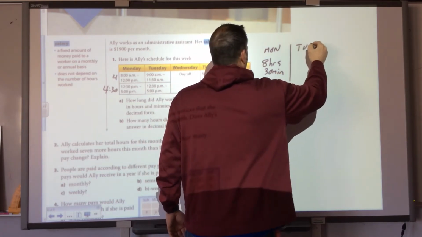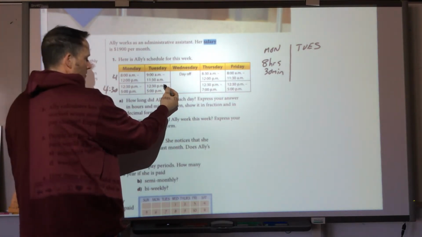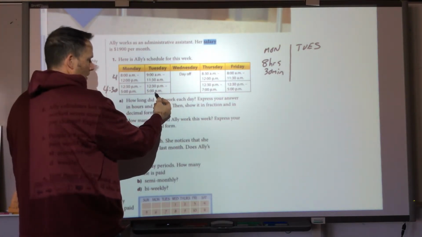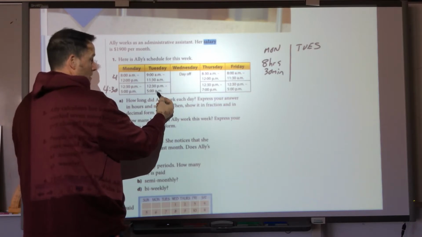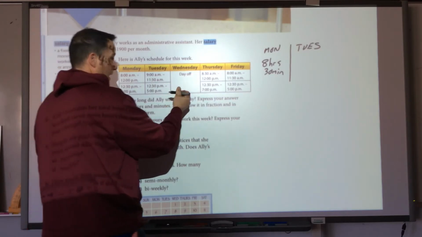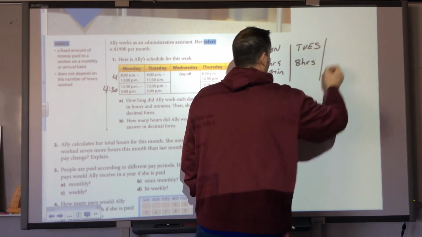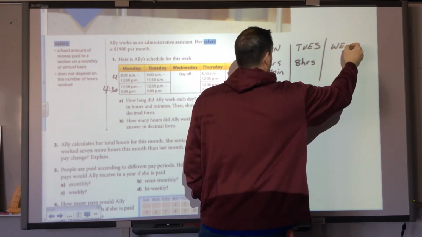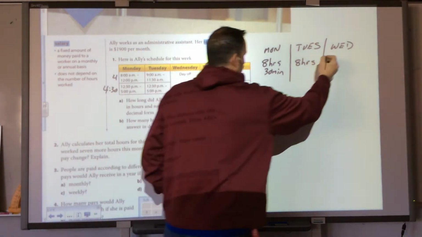Tuesday, we've got 3.5 hours plus another 4.5 hours here. So 3.5, 4.5. She worked 8 hours. Wednesday, day off, nothing.